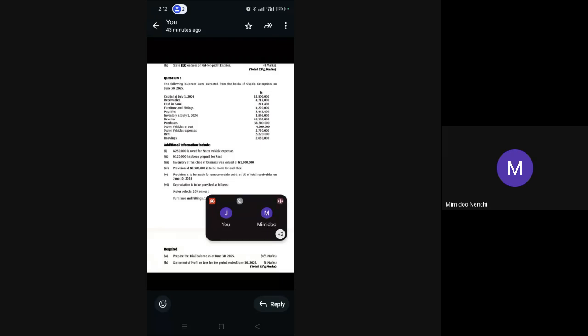It is the same thing. Can you see that? It is because we follow the double entry principle. That enables our trial balance to have the equal value. Are we together?